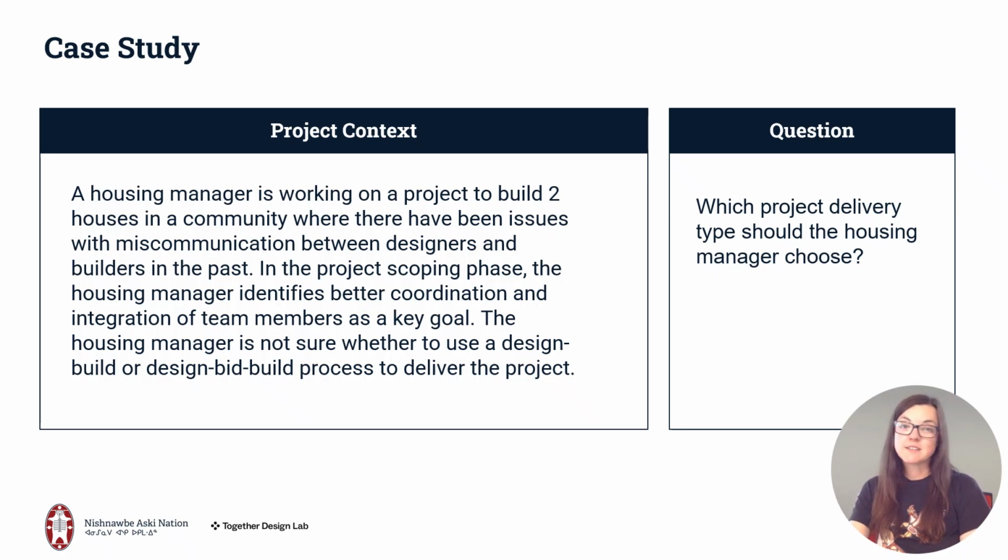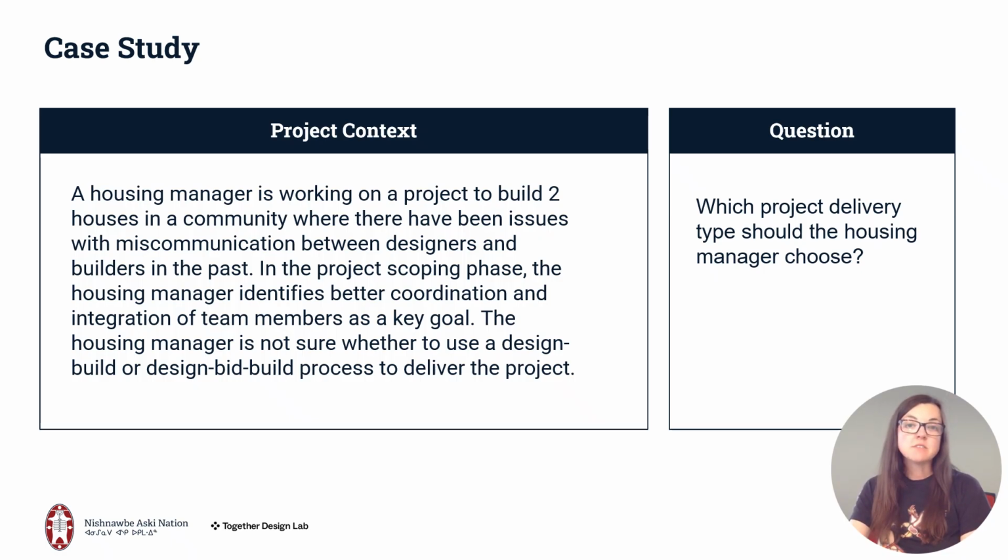There is no correct answer here, but it is up to the project team to determine how they would like to proceed at the community level. If there were miscommunications in the past, and the housing manager chose design bid build, potentially the project manager or project team could mitigate some of those miscommunications. If miscommunication resulted in information not being shared between the designer and the contractor, then potentially there is an argument for design build to remove the middleman from the communication process.